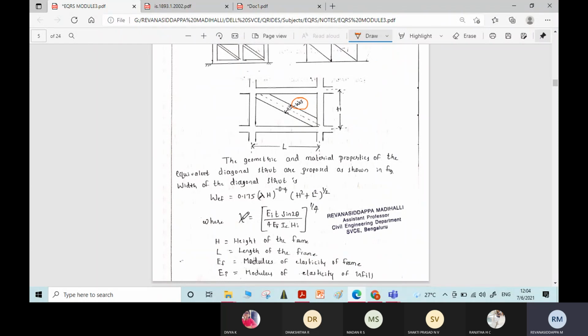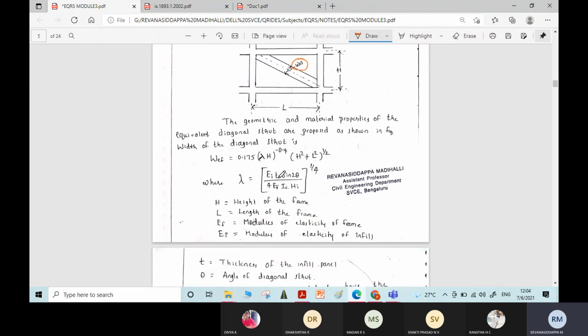Lambda is the constant calculated using this formula: E_i t sine 2 theta divided by 4 E_f I_c h_i, where E_i is the modulus of elasticity of infill, meaning the modulus of elasticity of the infill masonry wall, t is the thickness of infill, and theta is the angle of the diagonal strut, this angle.